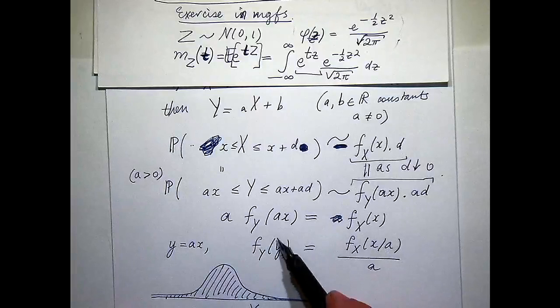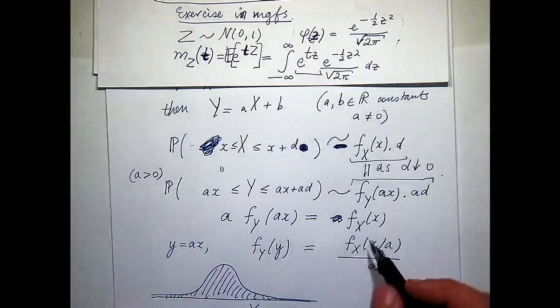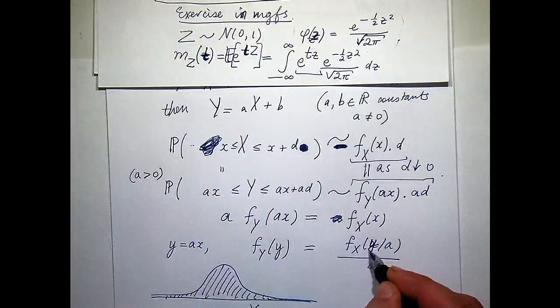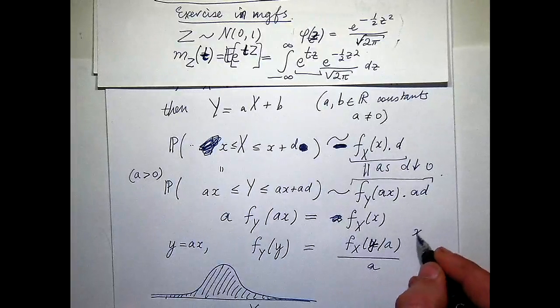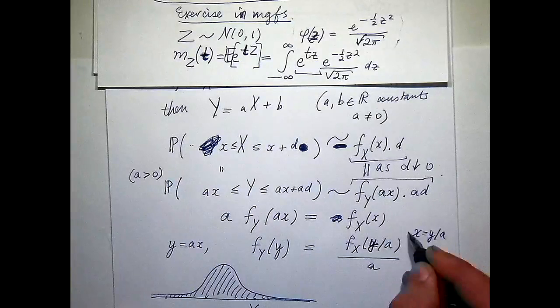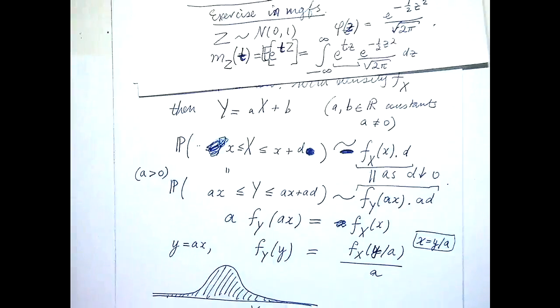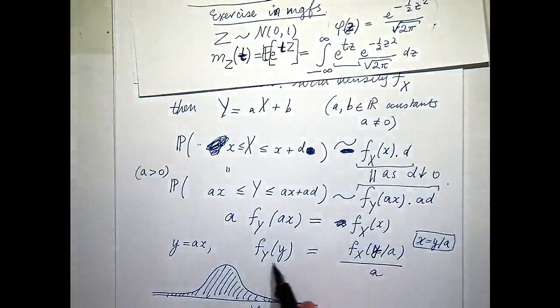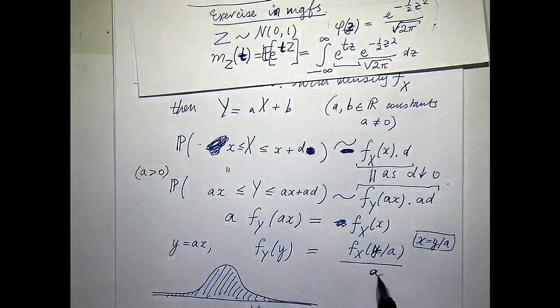So the x over a is just matching that y corresponds to aX, because x equals y divided by a. That's the change of variables. But in addition to the change of variables, you have this important dividing by a. And that's to ensure that the total area under the curve is still 1.